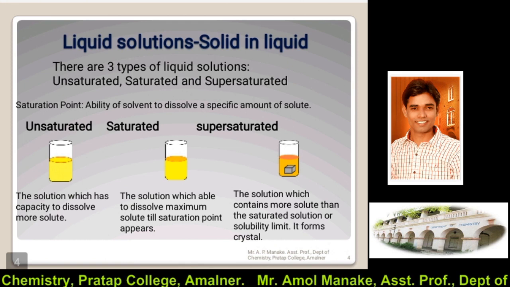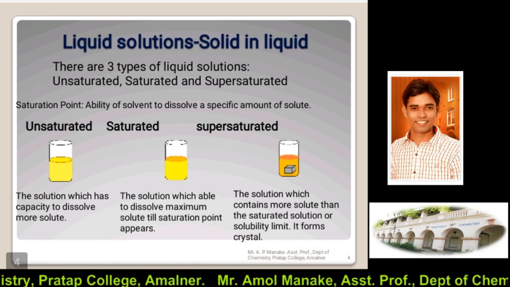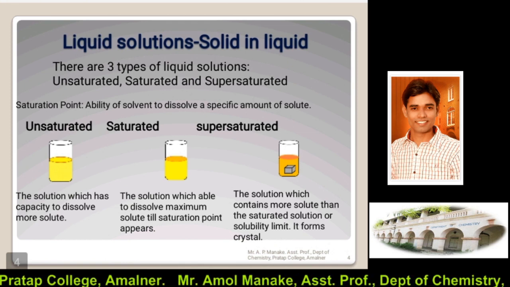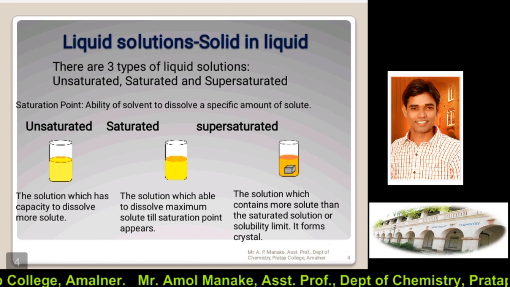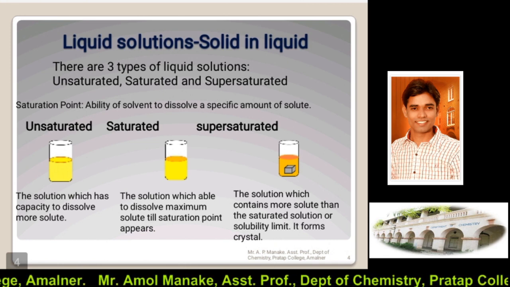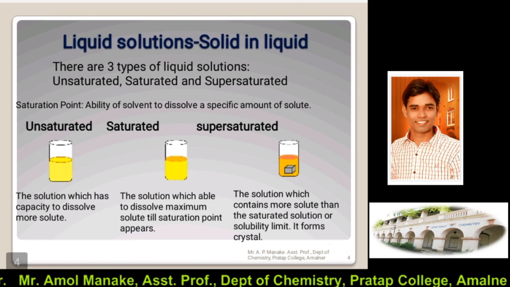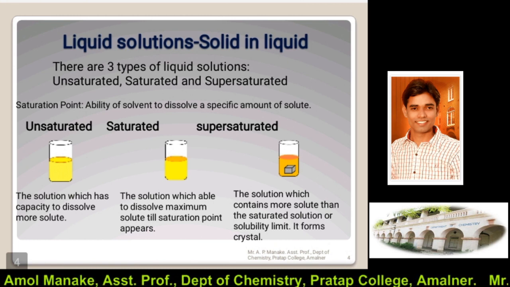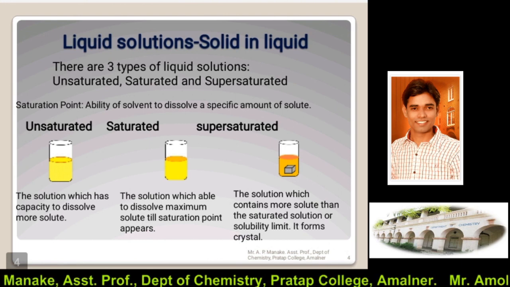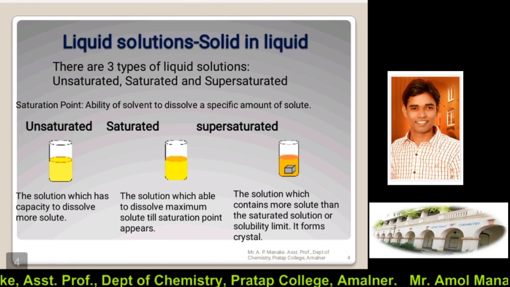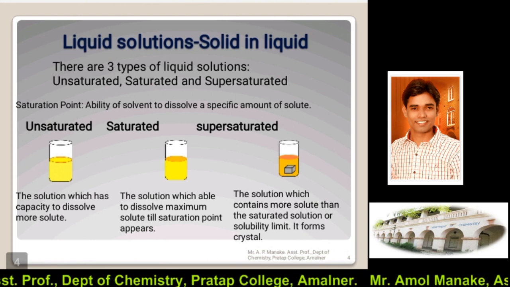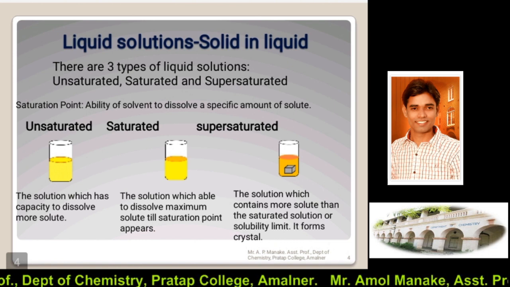Which three types? Unsaturated, saturated, and supersaturated solutions. Before we proceed, we should know the saturation point. What is saturation point? The ability of a solvent to dissolve a specific amount of solute is known as the saturation point.